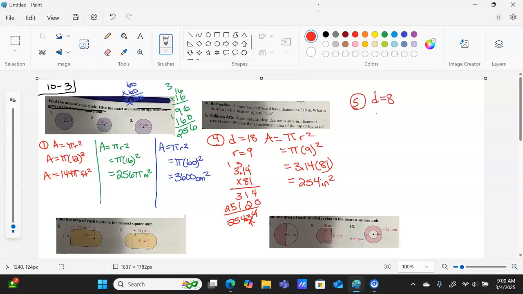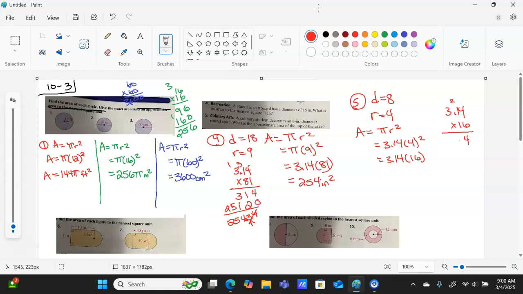Number 5, a culinary student decorates an 8-inch diameter cake. So the diameter is 8, so that means the radius is 4. What is the approximate area of the top of the cake? So 3.14 times 4 squared. 3.14 times 16. 6 times 4 is 24.